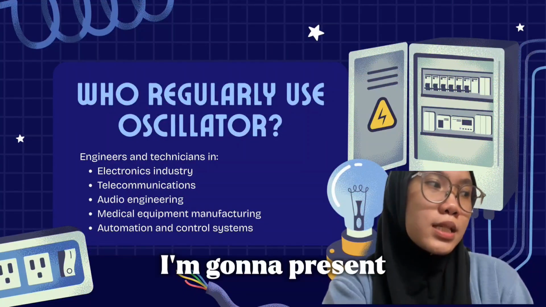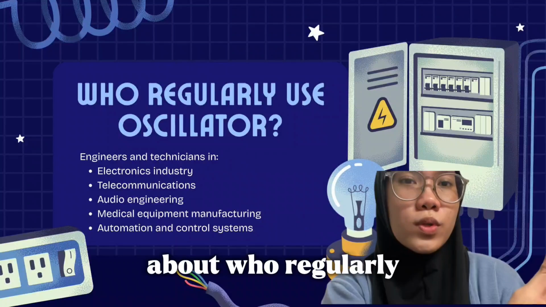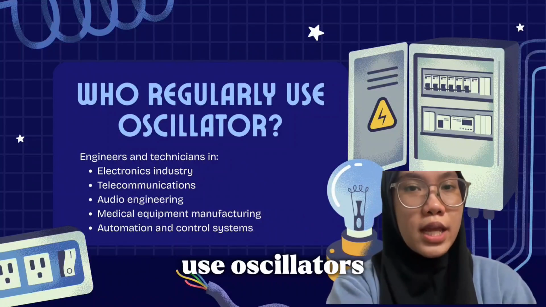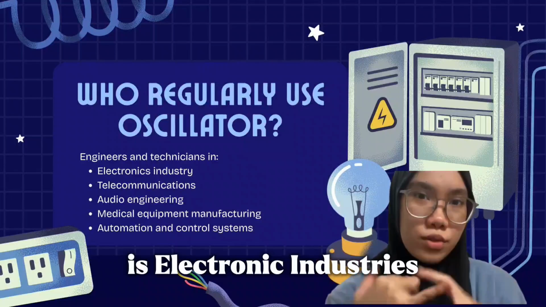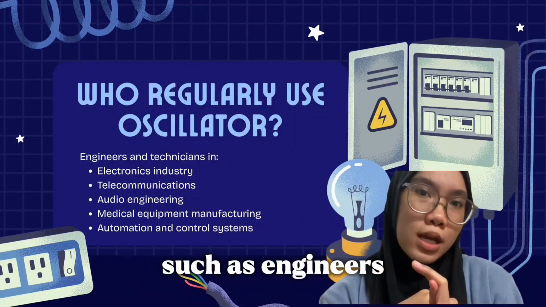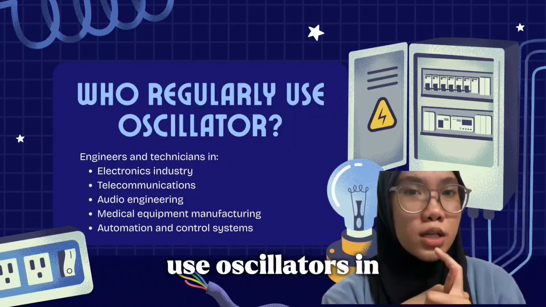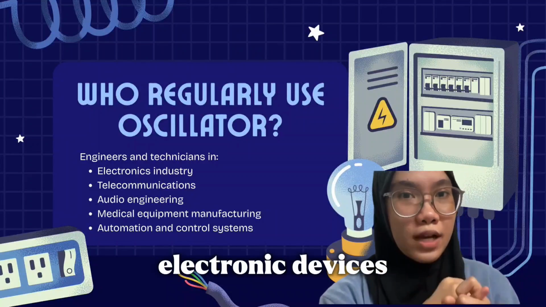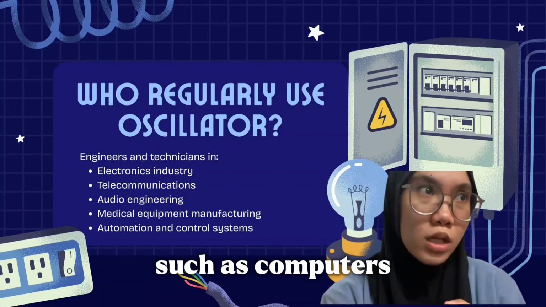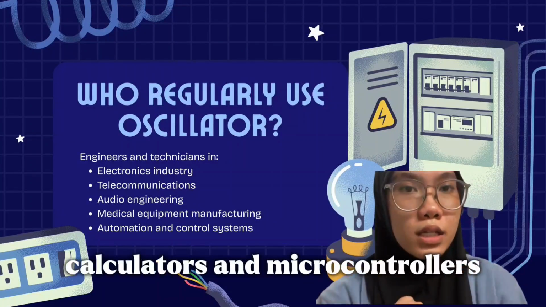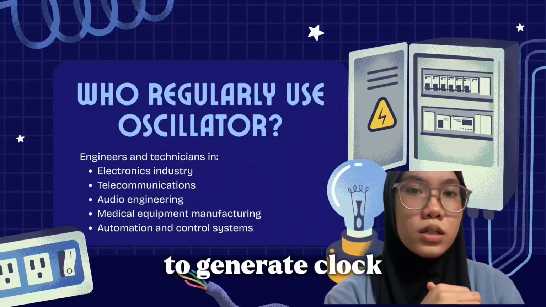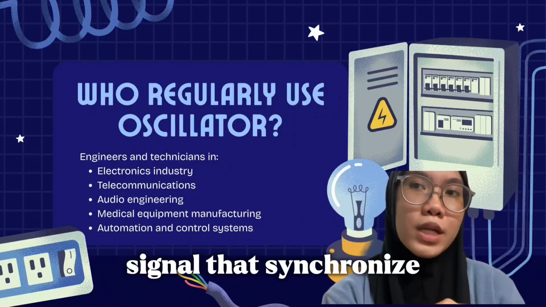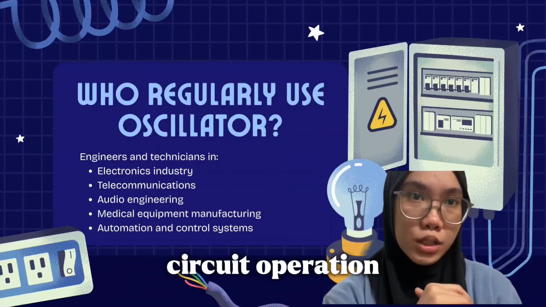I'm gonna present about who regularly use oscillators. The first one is electronic industries, where engineers use oscillators in electronic devices such as computers, calculators, and microcontrollers to generate clock signal that synchronize circuit operation.